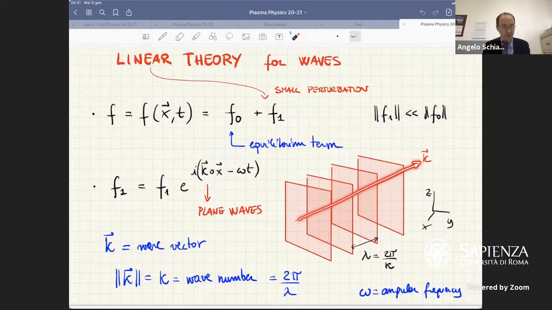So the wave vector K is made of two important pieces of information combined together. One is the modulus of the K wave vector, which is the wave number telling us the wavelength of the considered wave solution, and the other is the direction of the wave vector, telling us in which direction the wave is propagating in space.